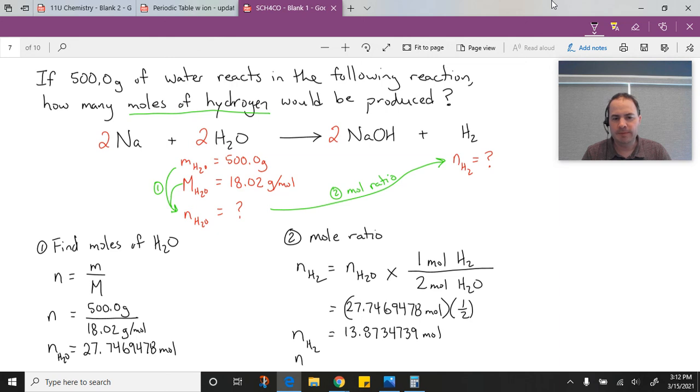But we want to make sure we express it with the right number of significant digits. So we're going to take this particular value, and because the data we were given in the question has 4 significant digits and it's all multiplication and division, our answer needs 4 significant digits. So we're going to have 13.87 moles.